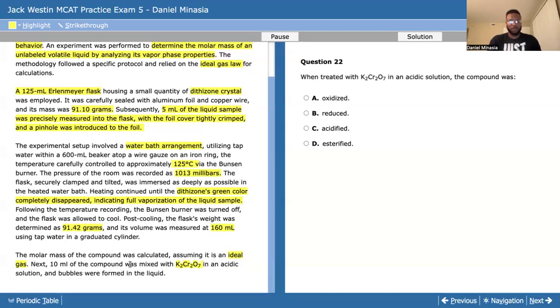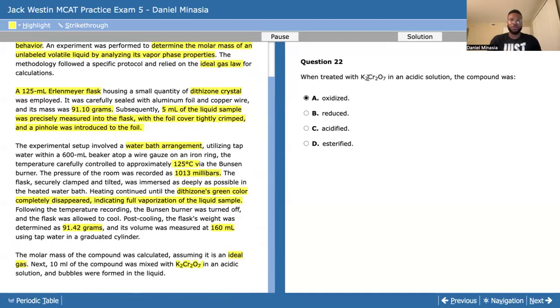Next, 10 milliliters of the compound is mixed with potassium dichromate in an acidic solution and bubbles are formed in the liquid. Okay, cool. So now question 22. When treated with potassium dichromate in an acidic solution, the compound was, we already established this is an oxidizing agent. So the answer is oxidized. It wouldn't be reduced because this is not a reducing agent.